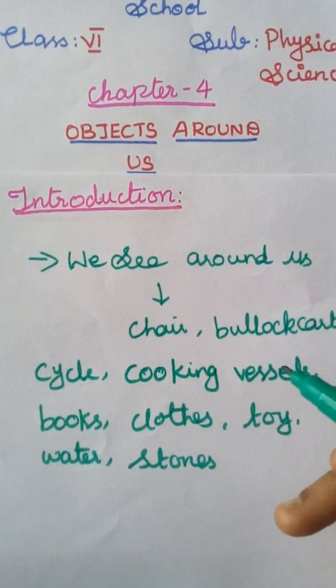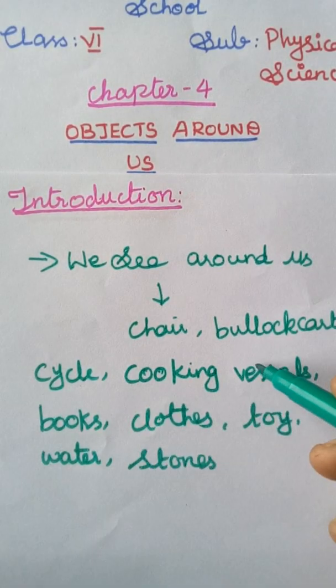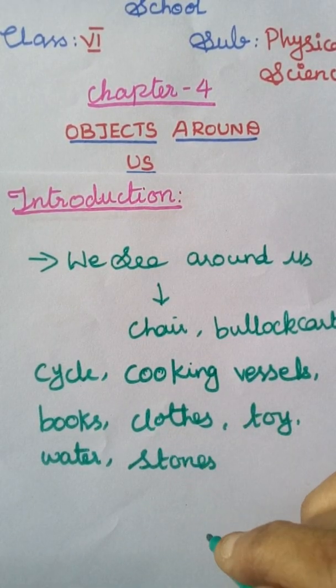So these are the objects we see in our home: chair, bullock cart, cycle, cooking vessels, books, clothes, toys, water, stones, and many other objects.